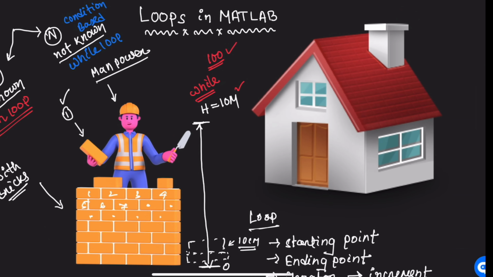So in summary, what we've seen in this tutorial is what a loop basically is, how the loop works, and why we should use a loop to do some repeated task. We considered an example of a house construction, and then we saw the two types of loops we can make: one where the number of iterations is known, and another where the number of iterations is not known.